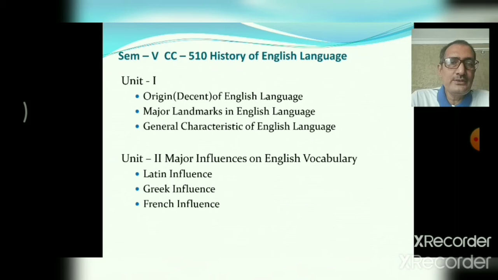The first unit deals with origin or descent of English language. We people use English language, but we need to know where this English language was originated from. English language is not basically from England.